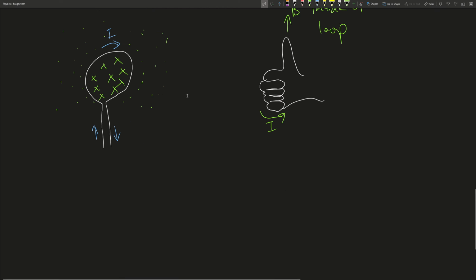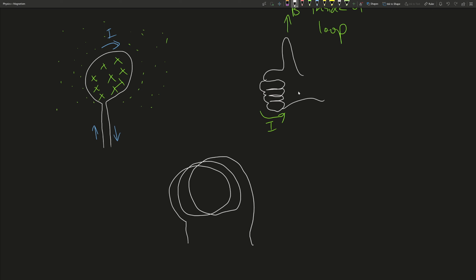Another thing to notice is that if we have multiple loops, I'll draw them a bit differently, like that, the current through them is in the same direction for each of the loops. So the effect of the magnetic field inside of them gets added together.